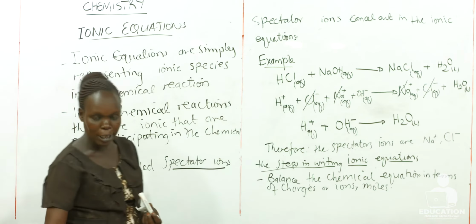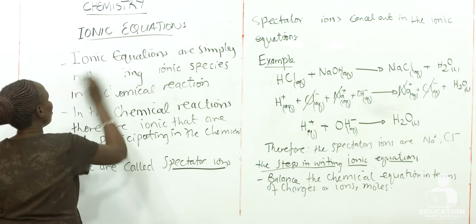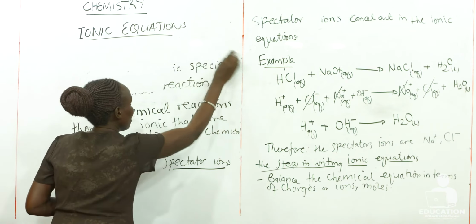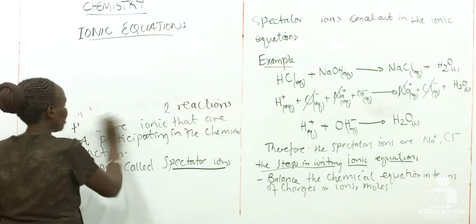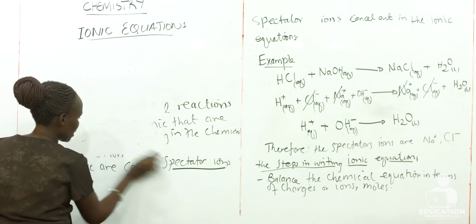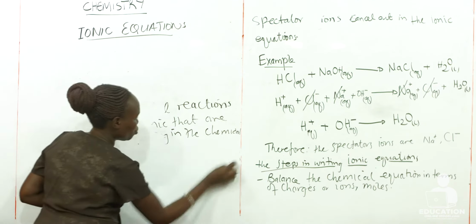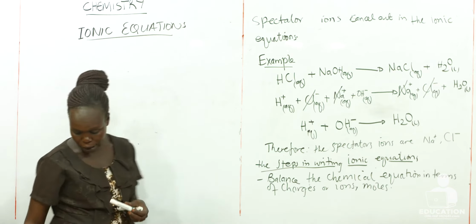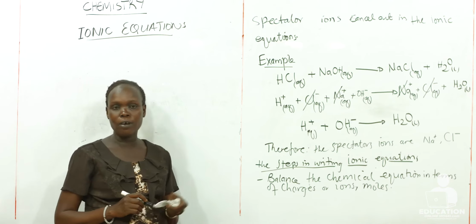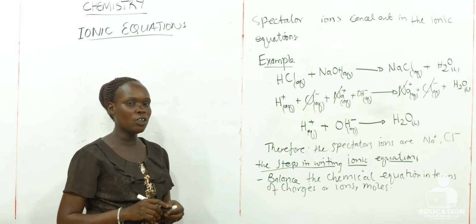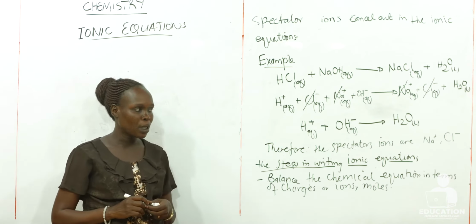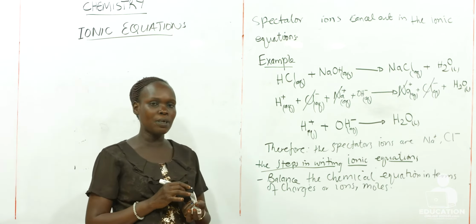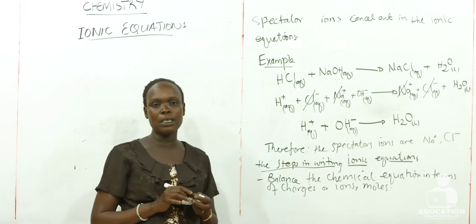The second step of writing the ionic equations is for you to know the ions that are reacting. So include state symbols of the reactants. Before you go ahead, you need to include the physical state of the reacting substances by putting them inside brackets.